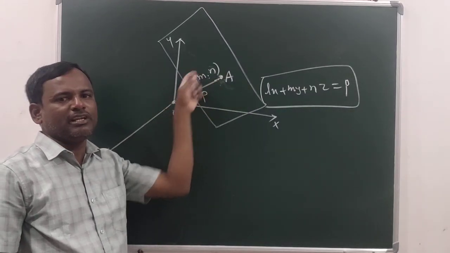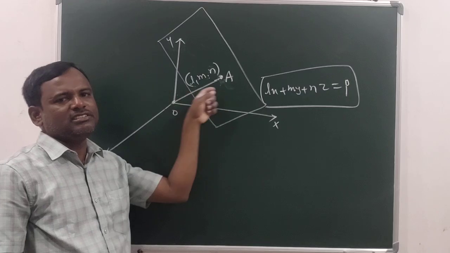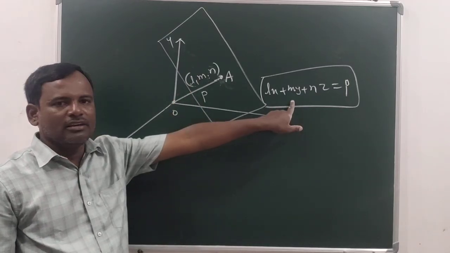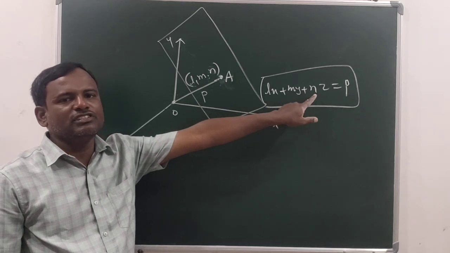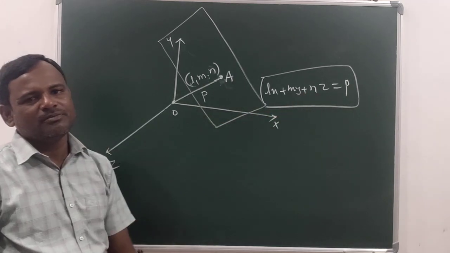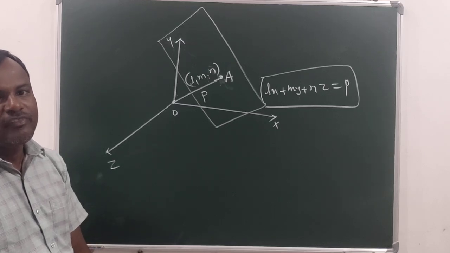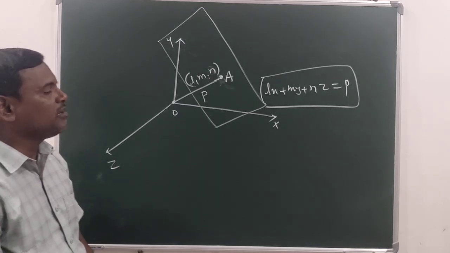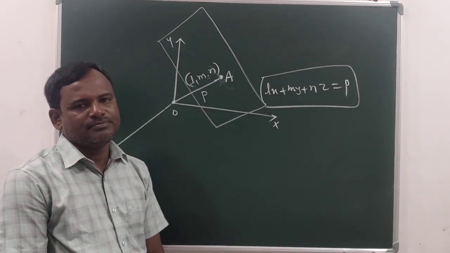OA is perpendicular to the plane, that is normal. Normal DCs are given. And here, Lx plus My plus Nz, which is equal to p. So what is it? Normal form of the plane, where p is the perpendicular distance from the plane to the origin.